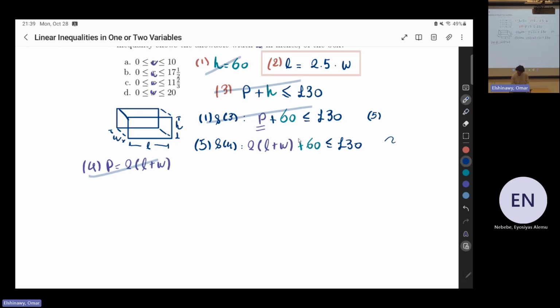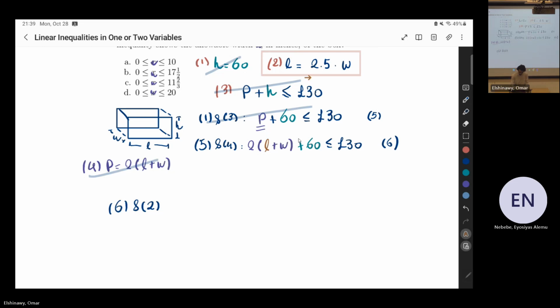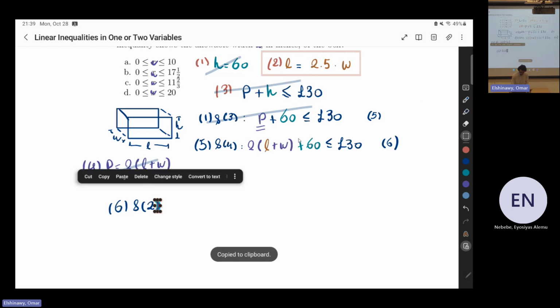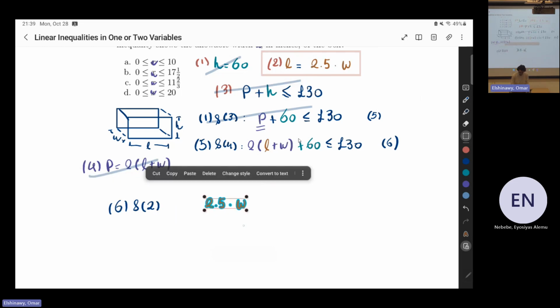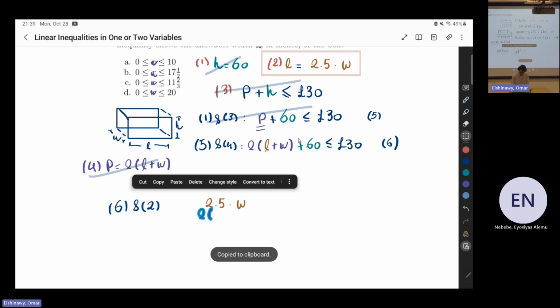Let's call this equation 6. If I combine 6 and 2, I can replace L with 2.5 times the width. And I'll do just that now. So that's L. I'm taking twice of this whole thing.